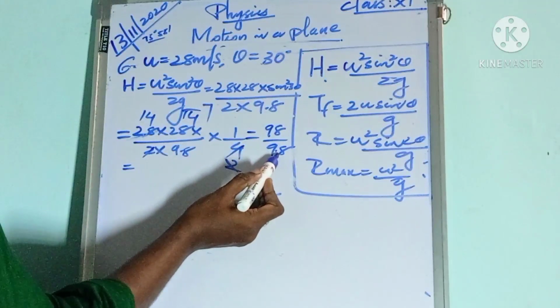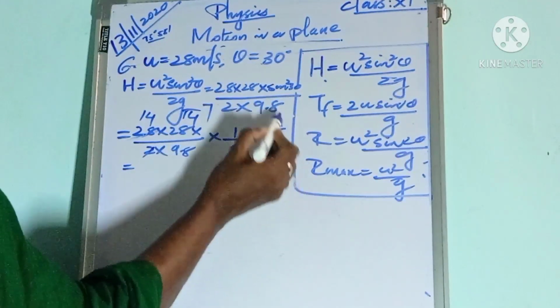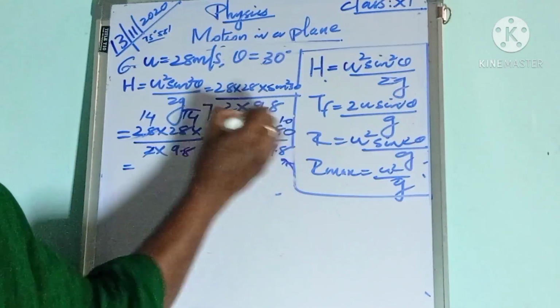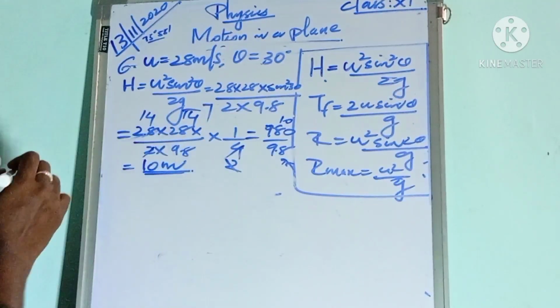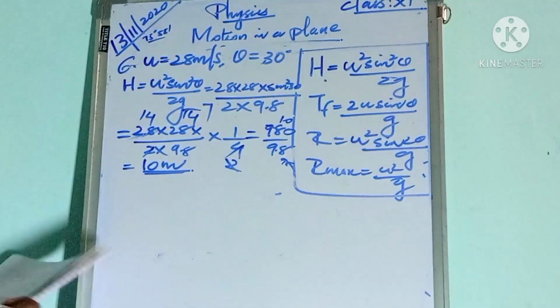In order to remove the decimal part, we can multiply by 10, so here it is 98 and here is 980. We can cancel and we got 10. So the maximum height is 10 meter. Next we have to find the time taken by the ball to return to the same level.